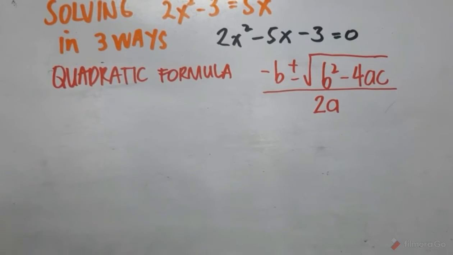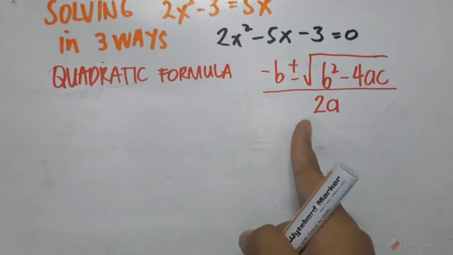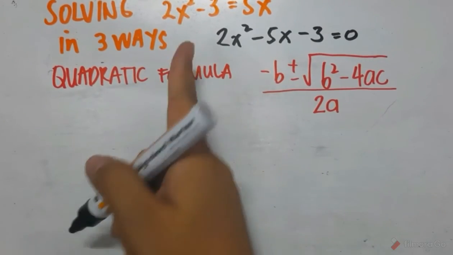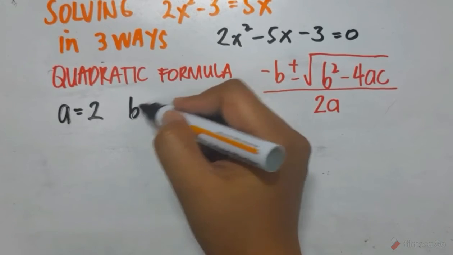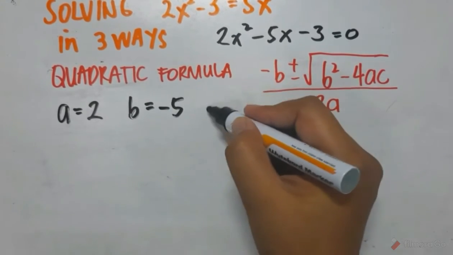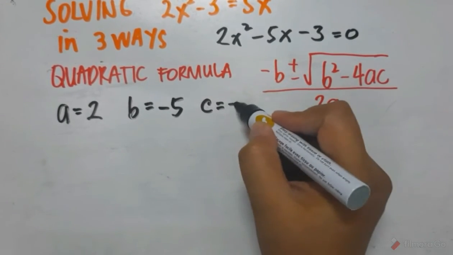You see? The third way is applying the quadratic formula. To be able to use this, we need to find the values of a, b, and c from our equation. So our a is positive 2, b is negative 5, our c is negative 3.